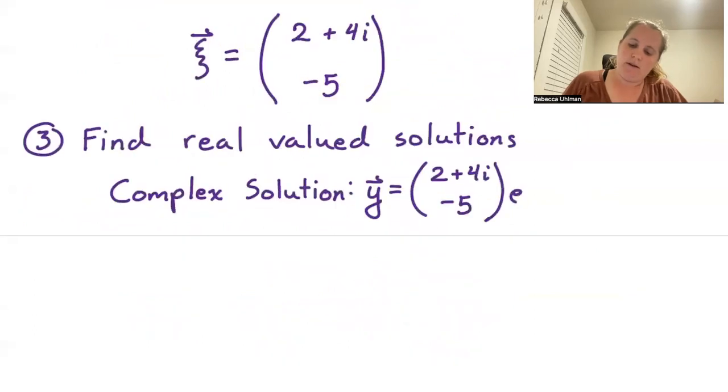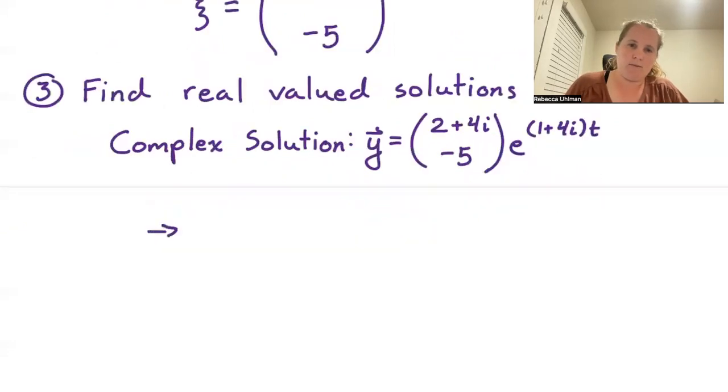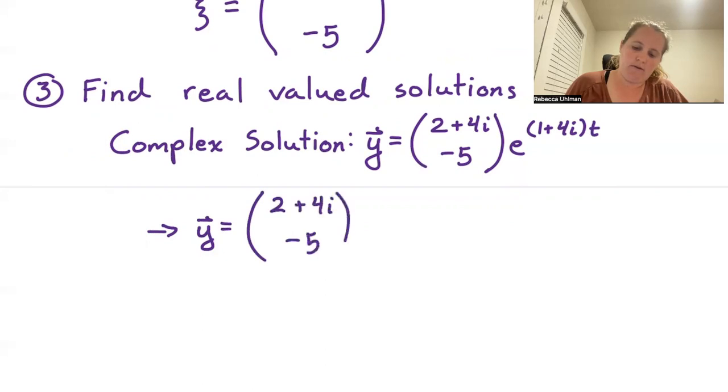So this becomes y equal to 2 plus 4i, negative 5, times e to the t, times cosine of 4t plus i sine of 4t.